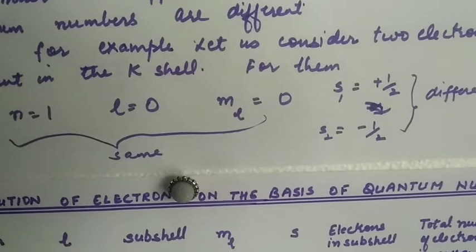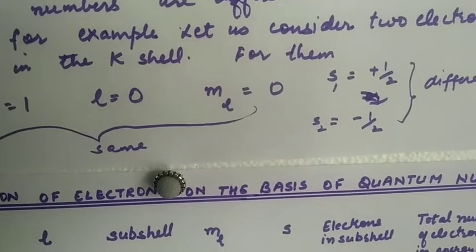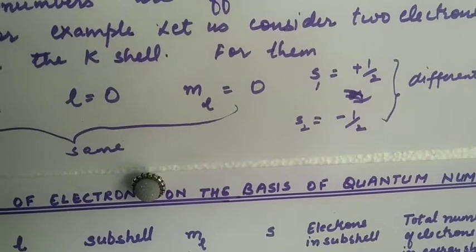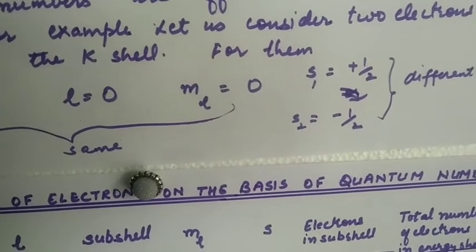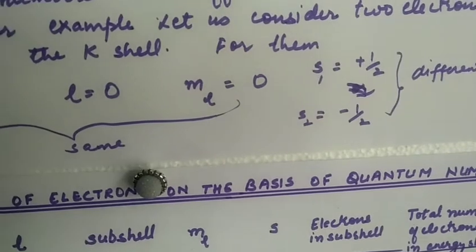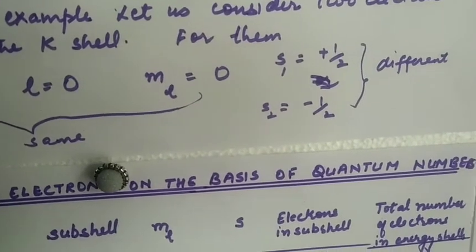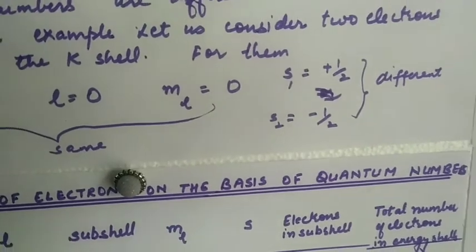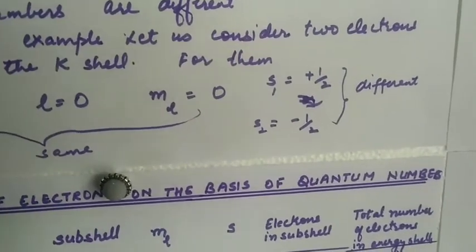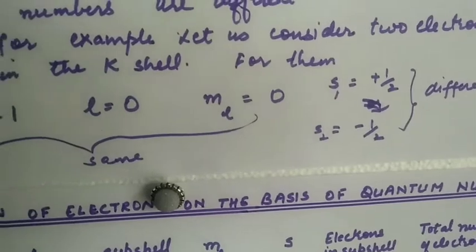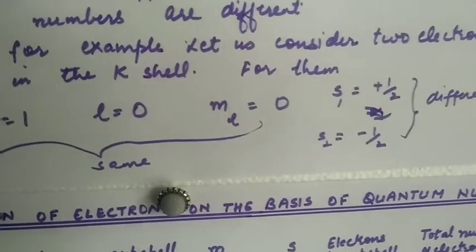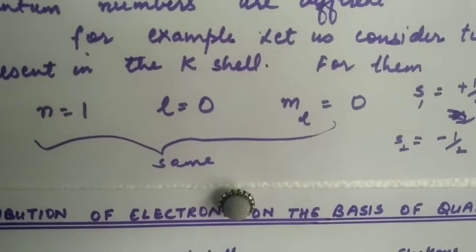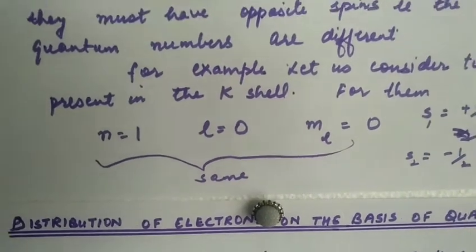And in the orbital, the electron may either move clockwise on its axis or anti-clockwise. So if one electron is having spin quantum number plus half, the other is definitely going to have a different value, minus half. So spin quantum number is different even when the principal shell, subshell and orbital are same.